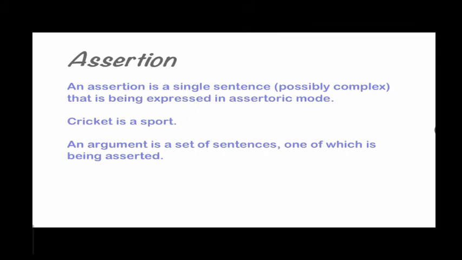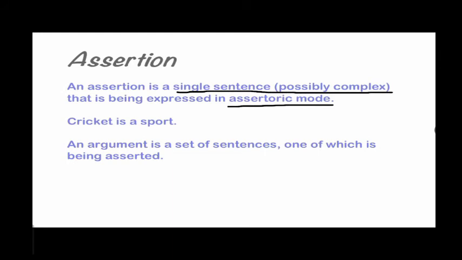Okay, now you know what an argument is, right? Let's try something to challenge you. For that, we must know what an assertion is. So, as per the definition, an assertion is a single sentence, possibly complex, that is being expressed in assertoric mode.